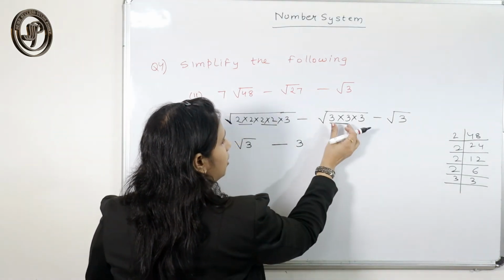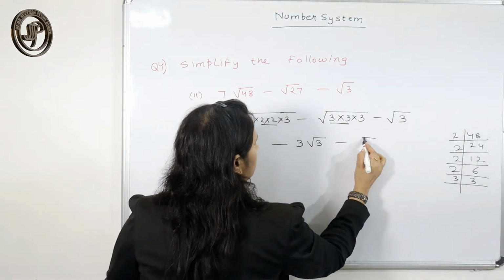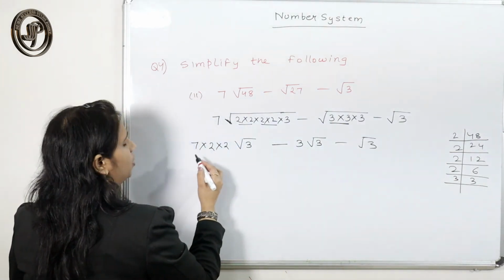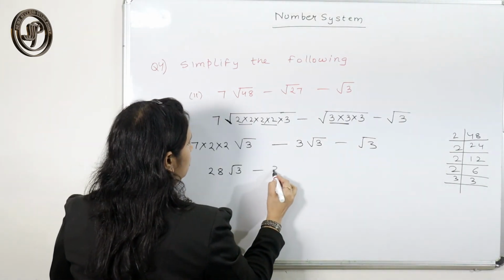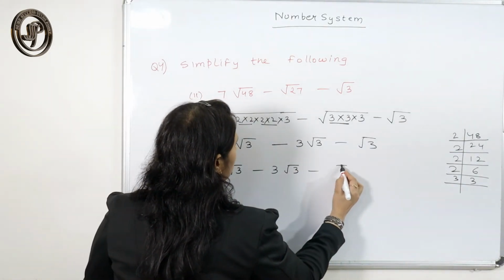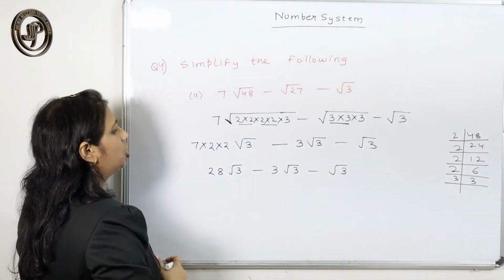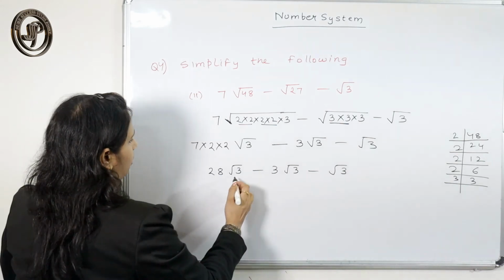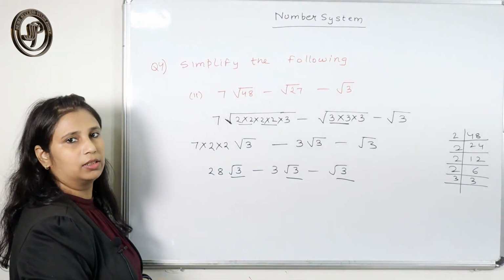So here this pair becomes 3, and here you are left with 3 only. Now 7 into 2 is 14, into 2 is 28 root 3, 3 root 3, root 3. You are now in a position to add or subtract them, because here we will see that all are like surds.